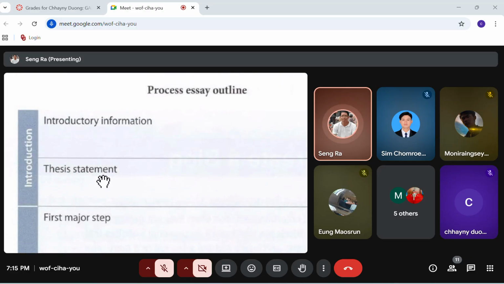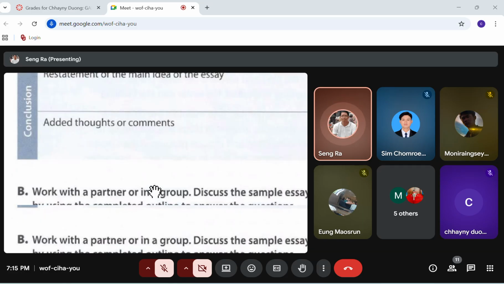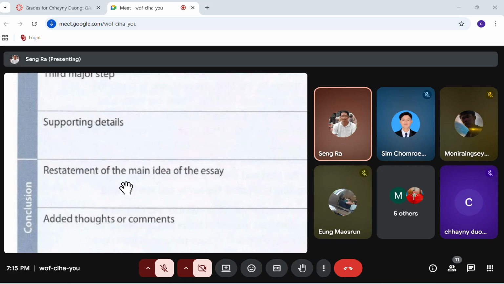So you restate the thesis statement in your own words, the statement of the main idea of the essay. And then you may want to add final thoughts, final comments, such as suggestion, advice, or recommendation.